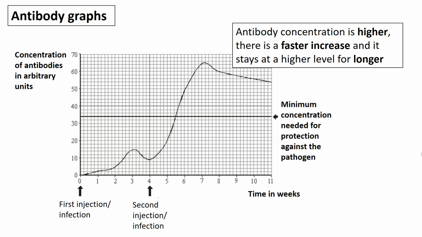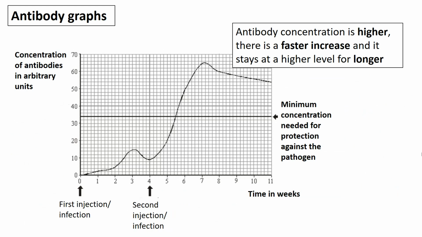If you're exposed to that pathogen or you get a second injection, a booster vaccine, then you can see that rise of antibodies in your blood is much higher, it's much faster, and it will stay at a high level for longer. What that enables you to do is to be protected against the pathogen, which is obviously in the population and circulating around.